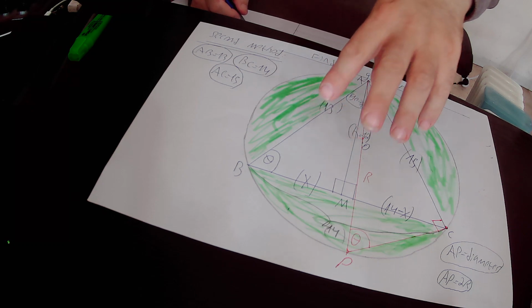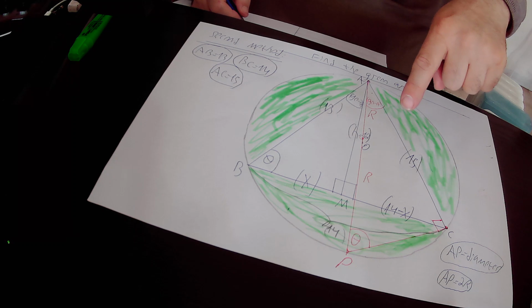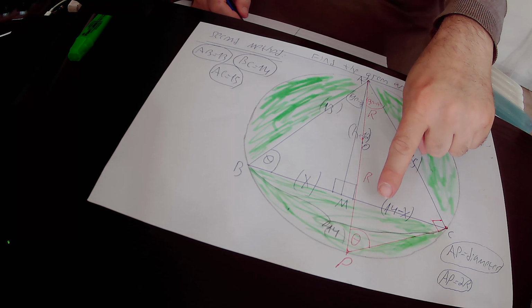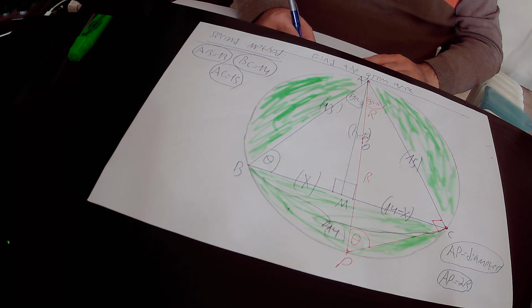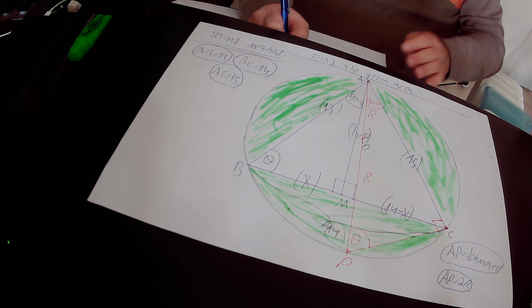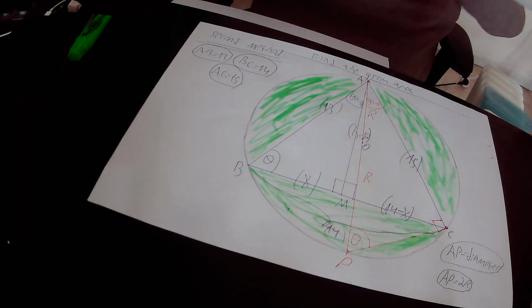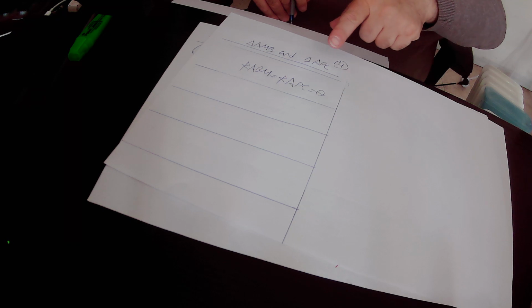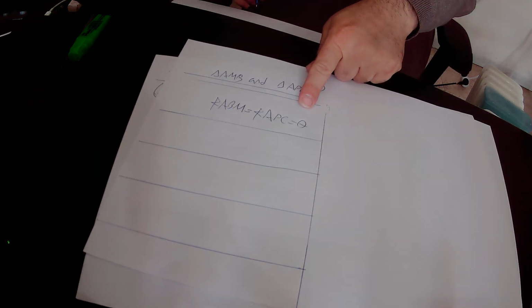This angle ABM belongs to triangle AMB, and it is equal to angle APC in triangle ACP. I'll repeat again: angle ABM in triangle AMB equals angle APC in triangle ACP. They are both equal to theta, therefore they are equal to each other.